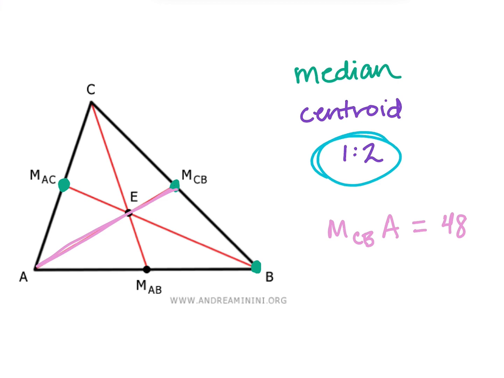Then I know that this part from the centroid to that midpoint would be 1/3 of the length of the whole median. 1/3 of 48 would be 16. And then I know that the other part here from A to E would be double 16, which is 32.